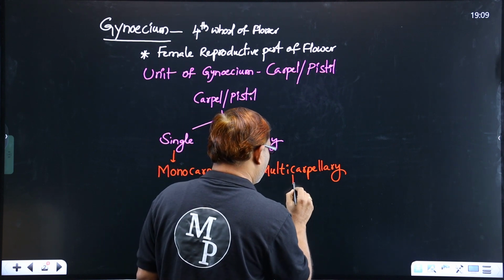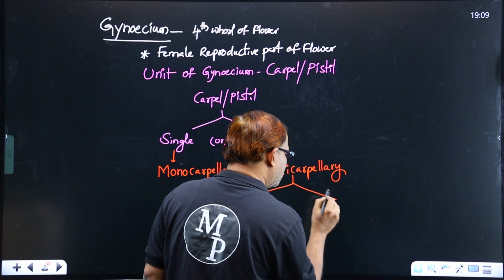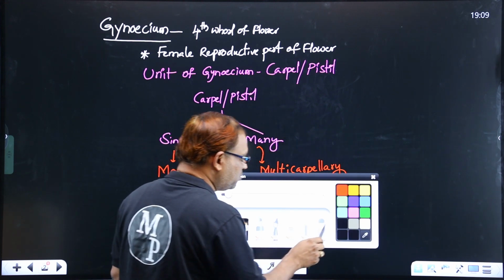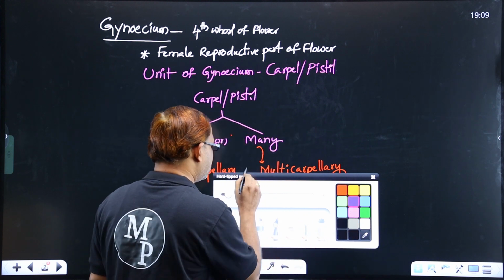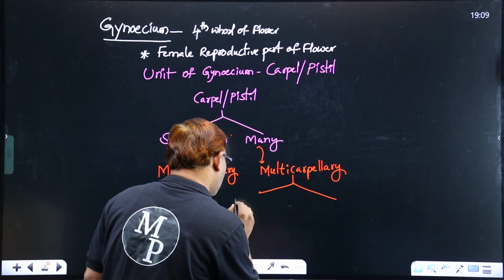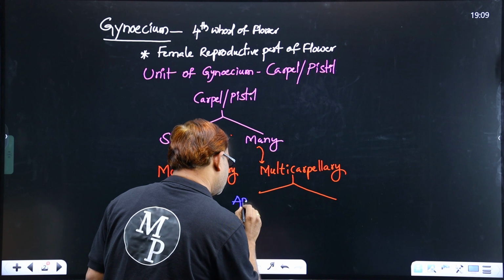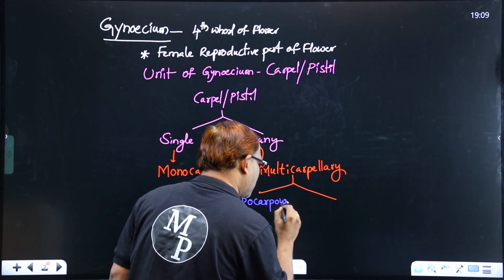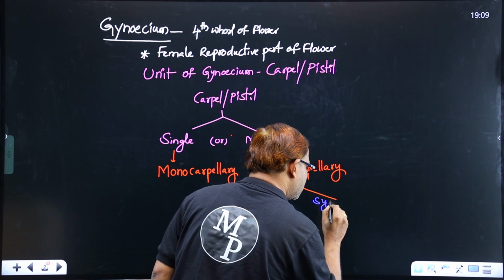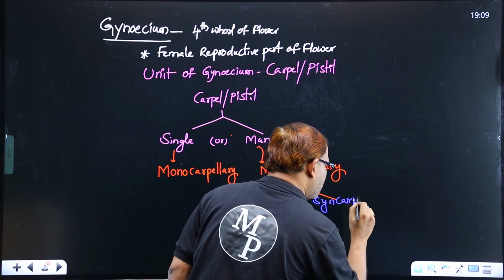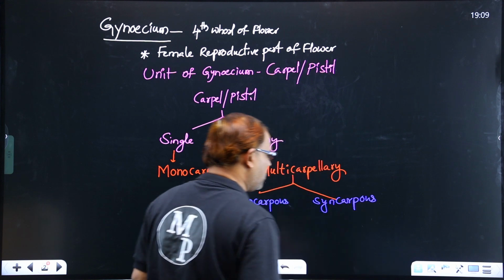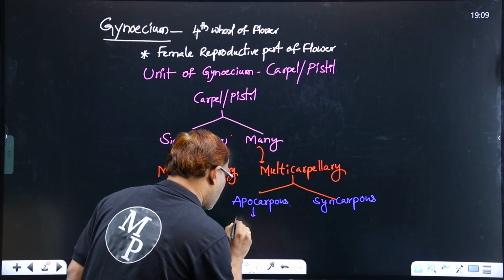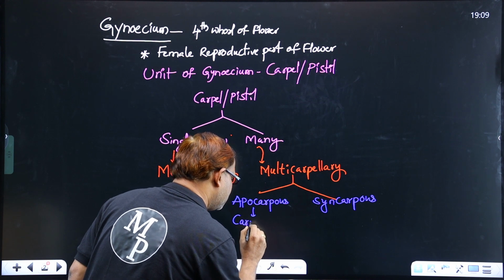When the carpels are many, they are arranged in 2 ways: one is apocarpous and the second one is syncarpous. Apocarpous means carpels are free.